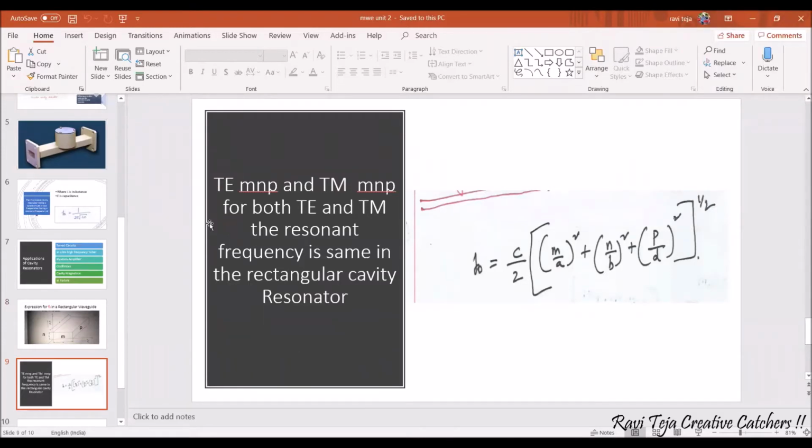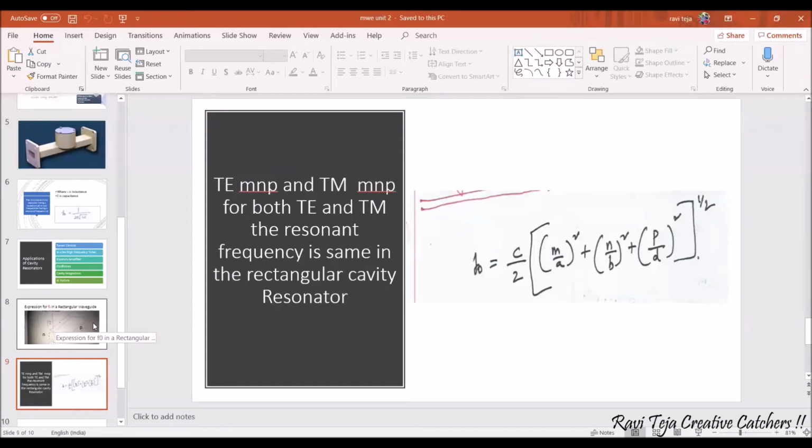It can be two modes, as I said, transverse electric mode and transverse magnetic mode, with propagation modes of M, N and P. Both TE and TM resonant frequency is the same in the rectangular cavity resonator, where it is given by F naught equal to C by 2 into square root of (M by A) whole square plus (N by B) whole square plus (P by D) whole square. This is the operating frequency of a rectangular cavity resonator. Note this down. This is very, very important.